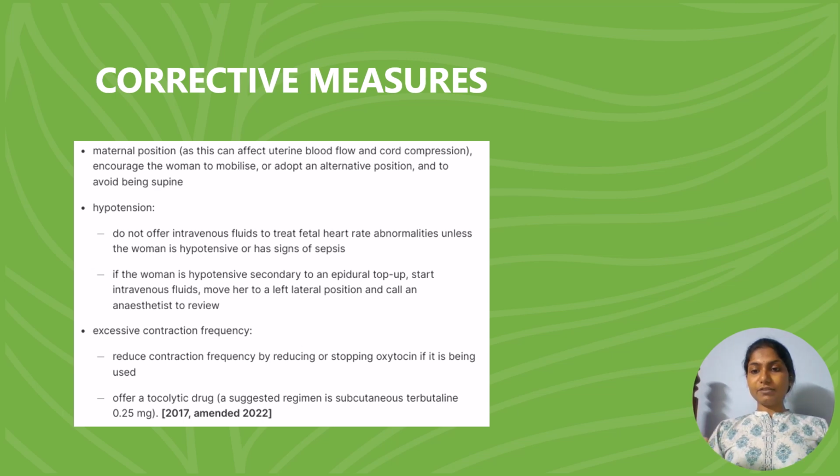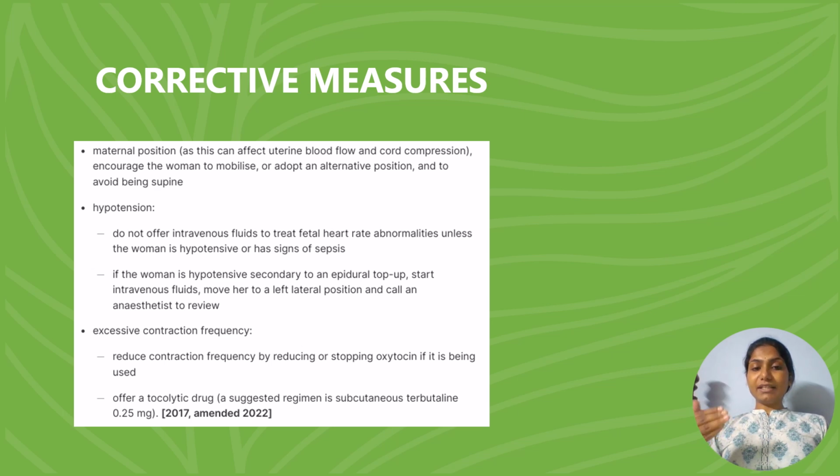So what are the corrective measures described by NICE? One is the maternal position. We can ask the mother to mobilize or adapt to an alternative position and to avoid being supine, to prevent aortocaval compression. The second important thing is we need not routinely give intravenous fluids.